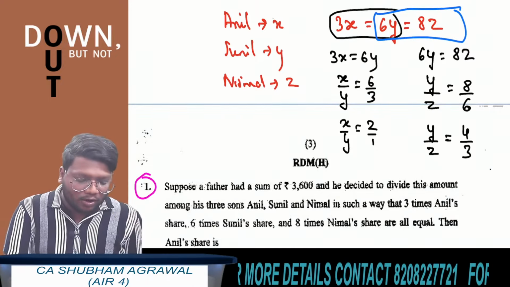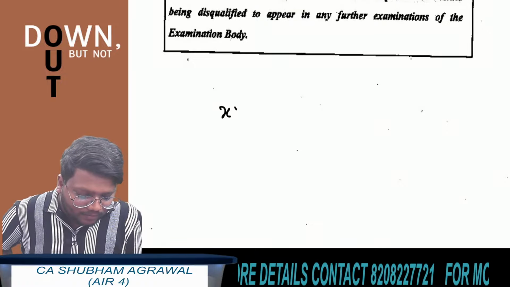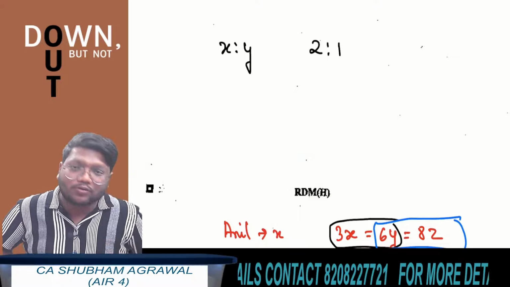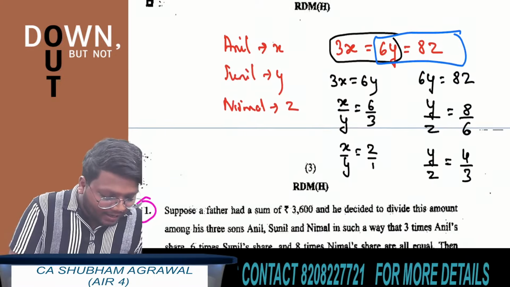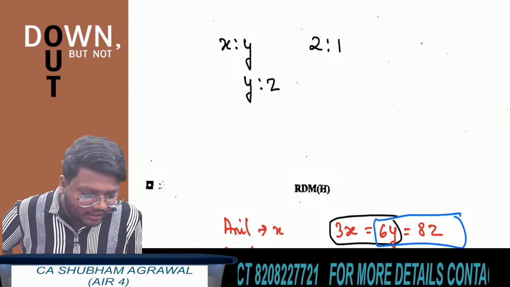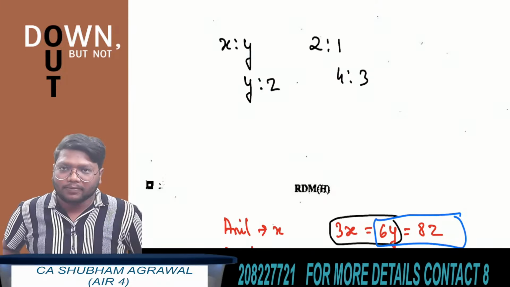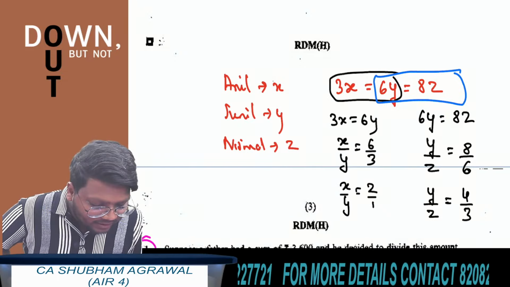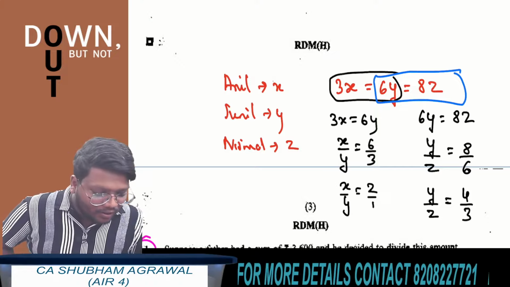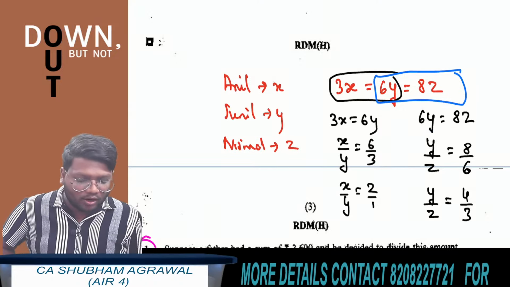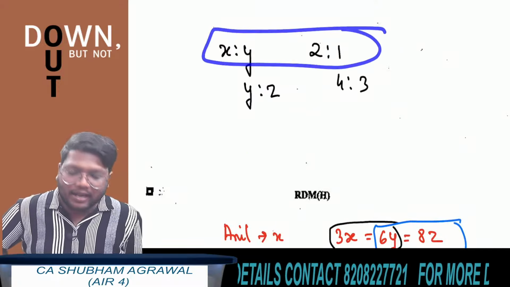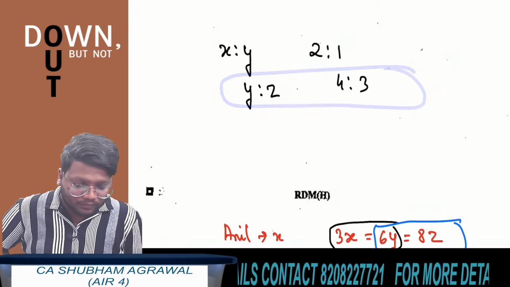We know x upon y, so you can write it as x is to y, which is 2 is to 1, and y is to z is 4 is to 3.